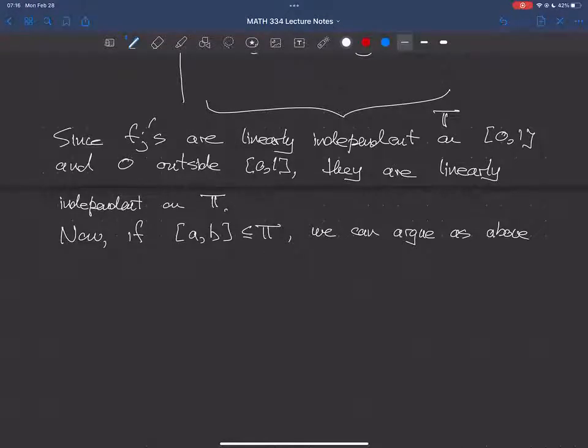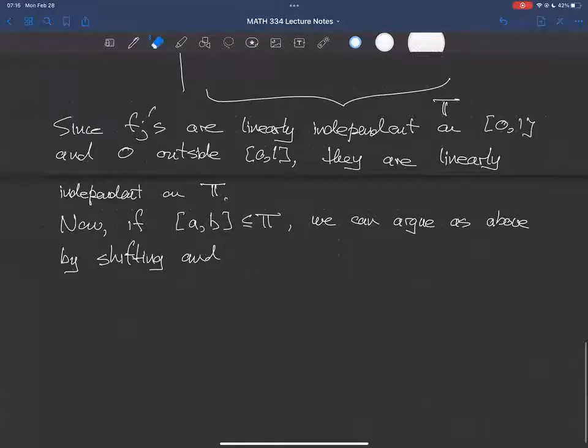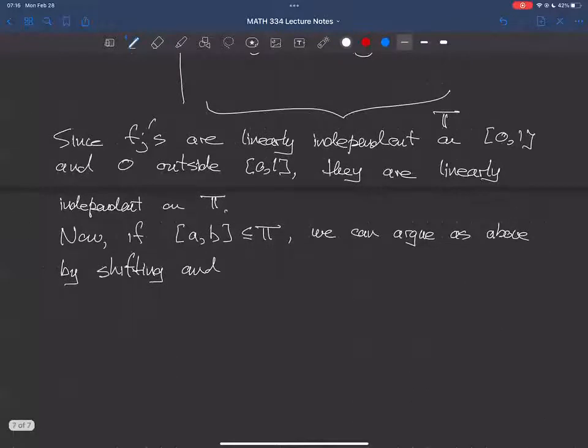So we can argue as above by shifting and scaling, shifting and translating are the same thing, AB into 0, 1.